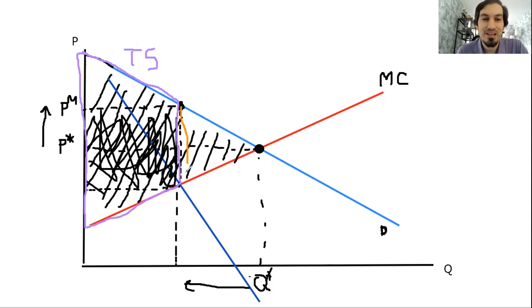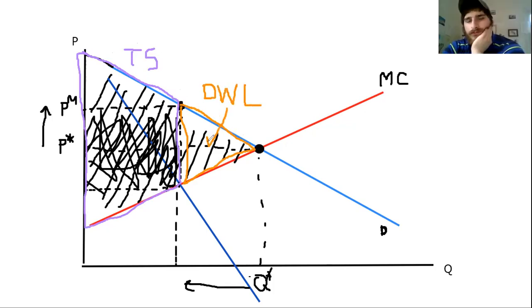This region right here, what's that called? I'll give you the initials. D W L. Deadweight. Deadweight what? Loss. Yeah, it's a deadweight loss.